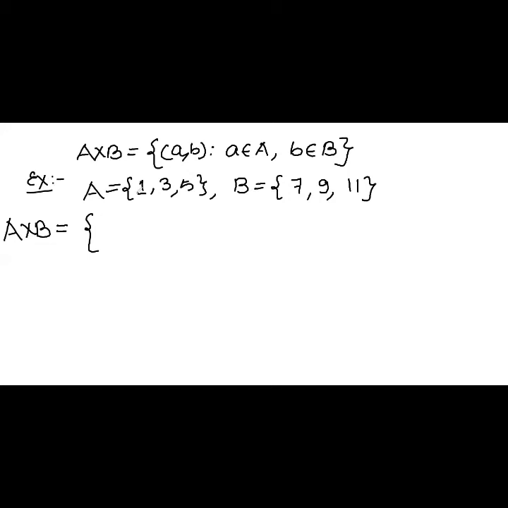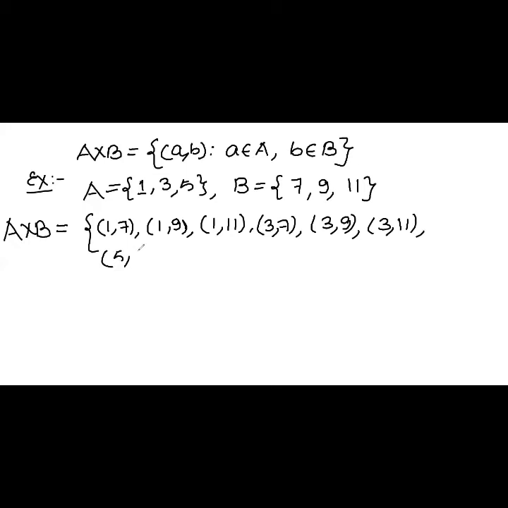So 1 is connected to 7: (1, 7), (1, 9), (1, 11). First the set A element, then the set B element. Then (3, 7), (3, 9), (3, 11). Then (5, 7), (5, 9), (5, 11). So these are the elements of the Cartesian product of sets A and B. I hope it is clear for you all.